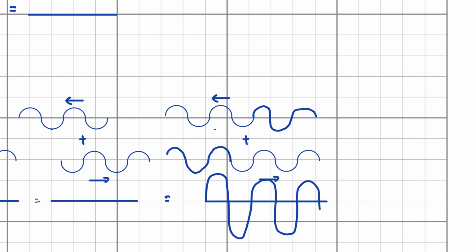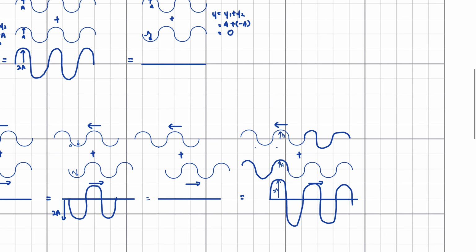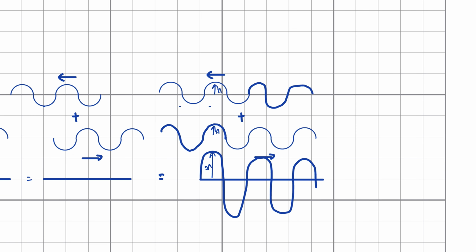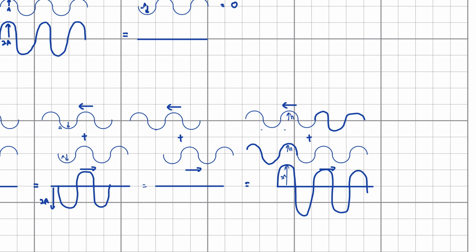This is your constructive interference. This is A, this is A. So we end up with 2A here. Right, this is the last quarter period. And then of course if you proceed, it will repeat the same thing.